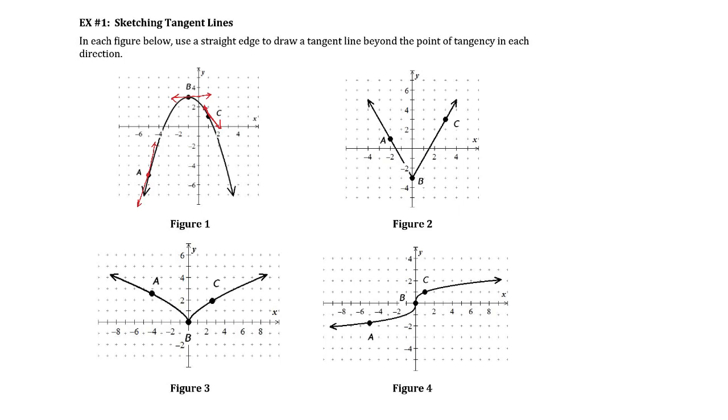And again, as we're drawing these, it is important for us to take note of when that slope would be positive, when the slope would be negative, and how that relates to the original function. This one's really strange in figure 2, because you've got some really strange graphs here where you can make points of tangency.